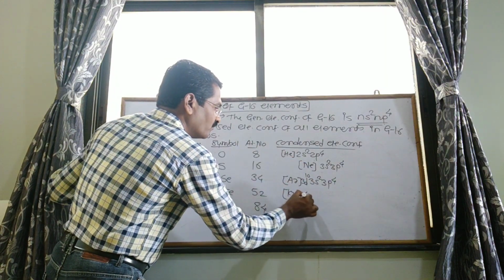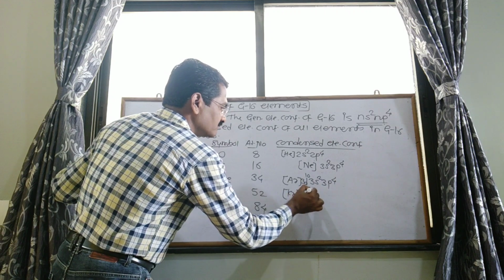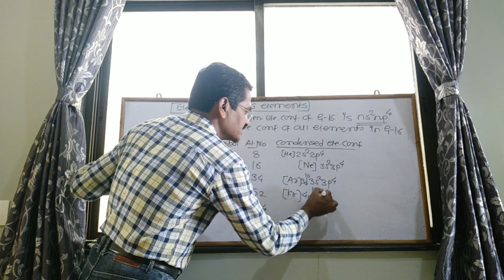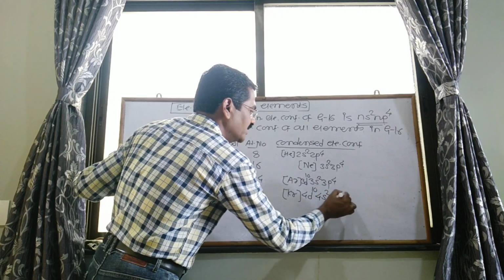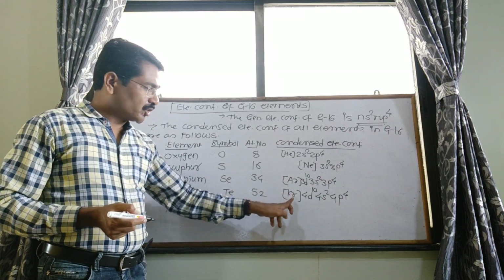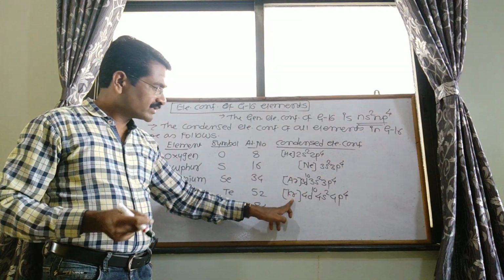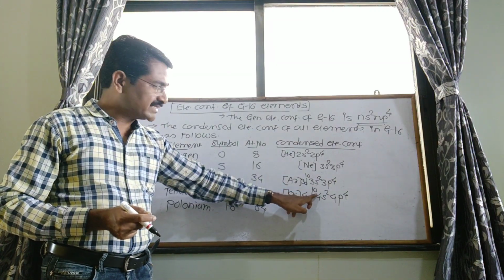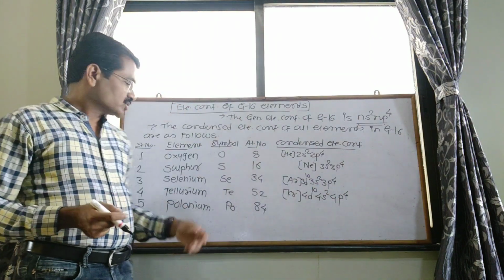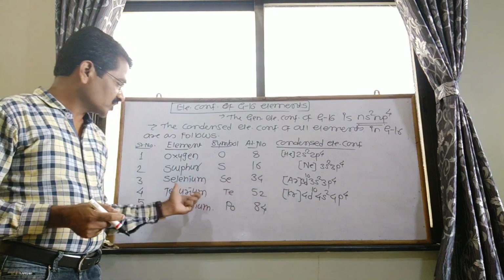After that, 4d10, then 5s2, 5p4. How many? 52. Krypton has 36, plus 10 is 46, plus 6 is 52. So this is the condensed electronic configuration of tellurium.